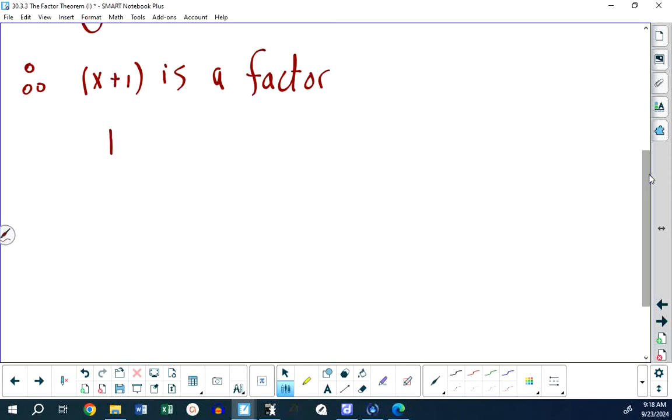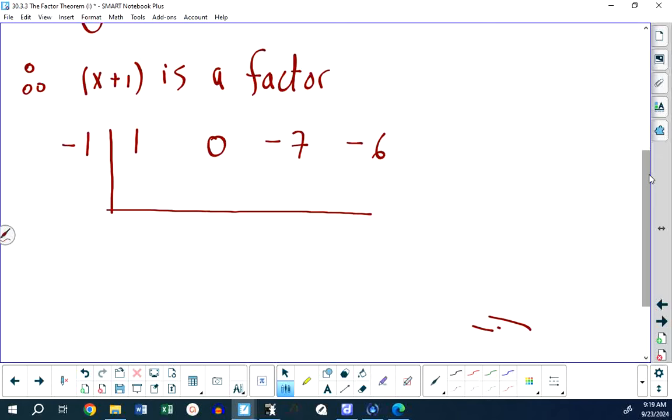So it was 1x cubed, 0x squared, negative 7x, negative 6. We put the 0 of the factor we're dividing by. And again, our internal check to make sure we're consistent is that we have to get 0 there.